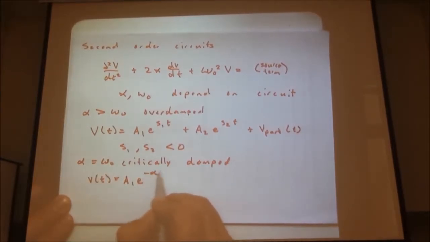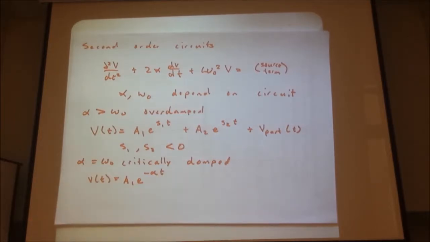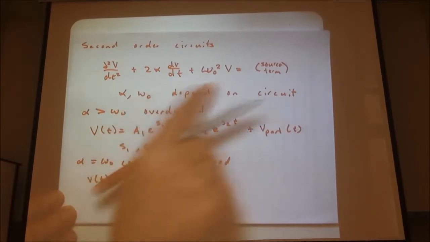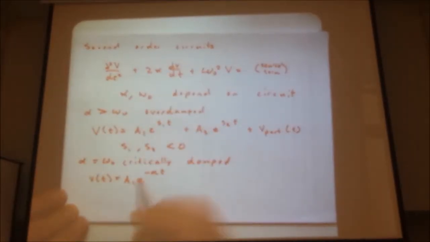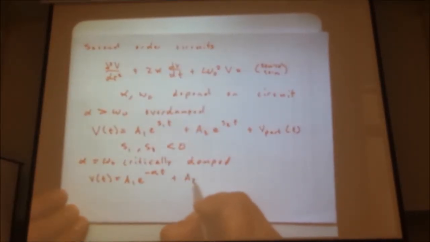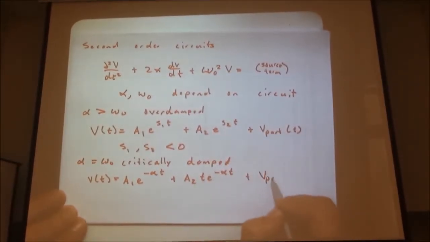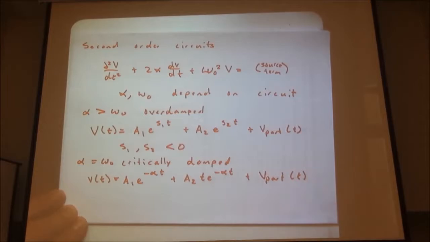A1 e to the minus alpha t, and that's just in there directly. And again, that's the alpha that depends on the differential equation. Plus an A2 t e to the minus alpha t. And again, a particular, which again is going to be a DC term when we talk about step function sources.